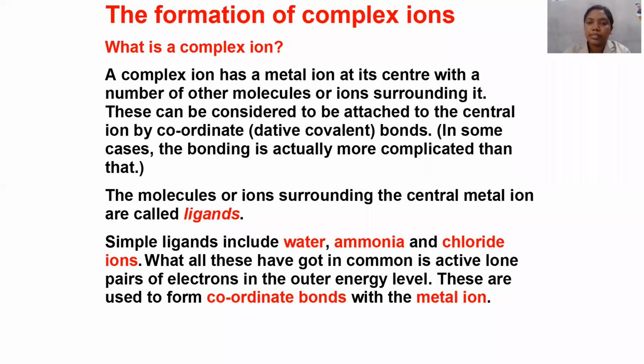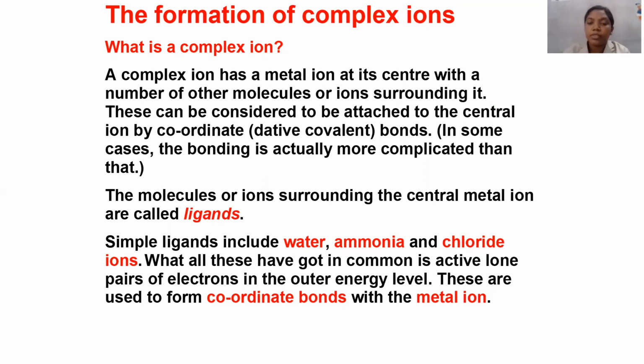Next, we are going to discuss the formation of complex ions. What is a complex ion? A complex ion has a metal ion at its center with a number of other molecules or ions surrounding it. These can be considered to be attached to the central ion by coordinate, that is, dative covalent bonds. In some cases, the bonding is actually more complicated than that.